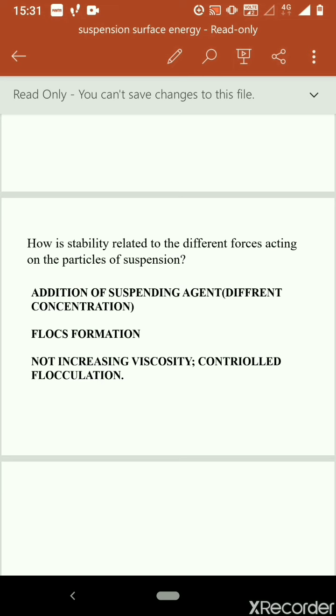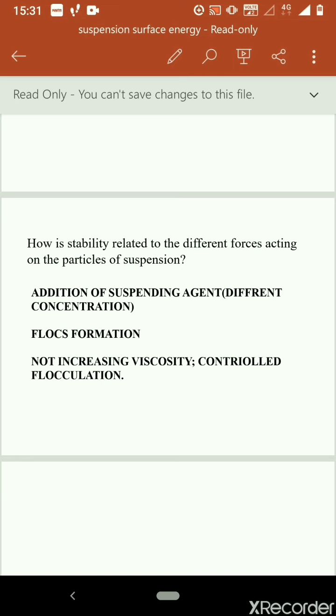Second, the floc formation. The floc formation can be altered by the addition of a flocculating agent. The flocculating agent alters the charges on the particles, and hence the forces of attraction are increased or decreased depending upon the addition of the third agent.